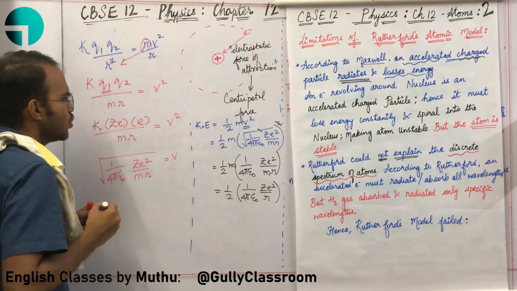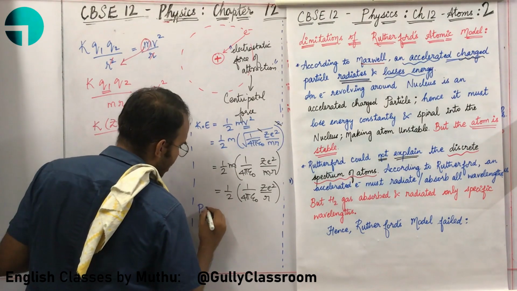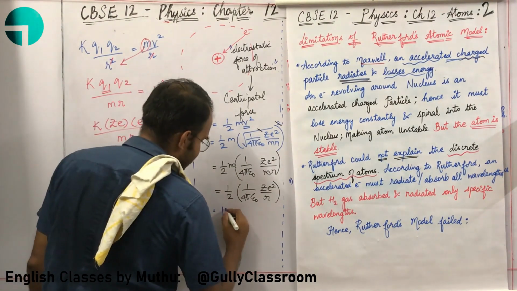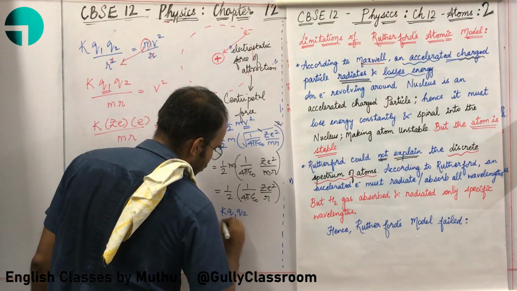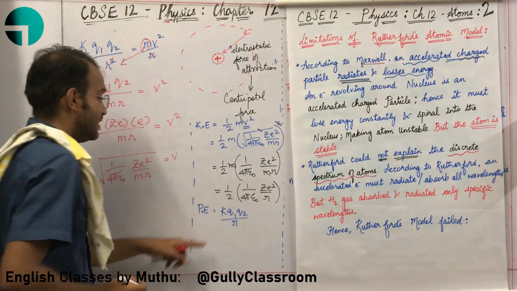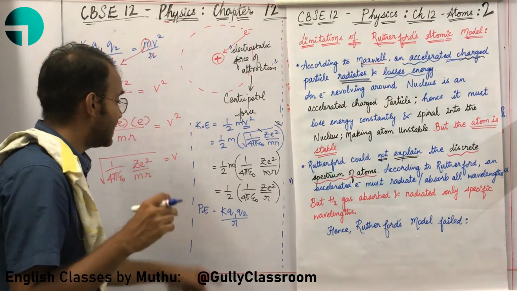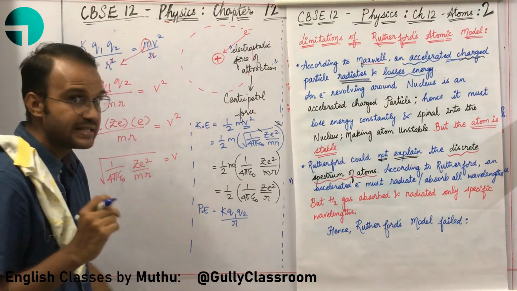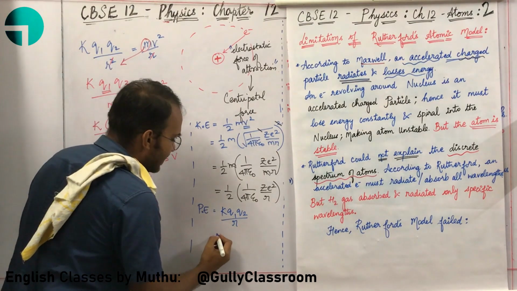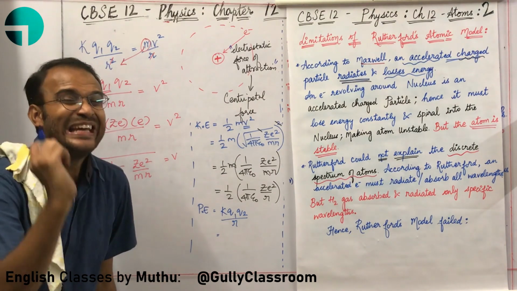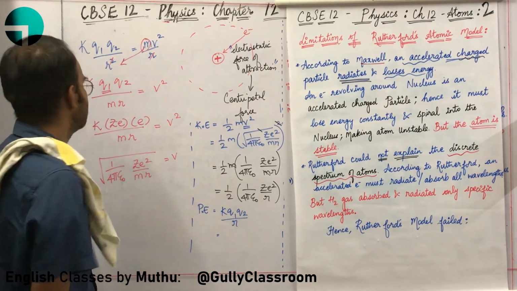What is the total potential energy? We have already derived the formula for the potential energy. It is written as K into Q1 Q2 divided by R. Q1 and Q2 are the charges of the particles. R is the distance between the charged particles. When calculating potential energy, Q1 and Q2 need to be substituted with symbols.